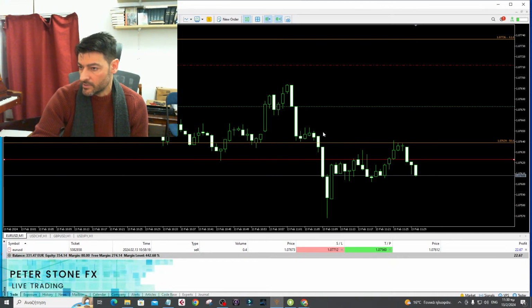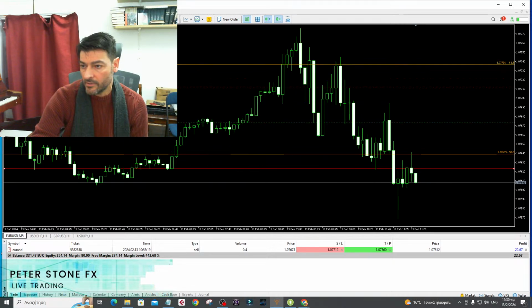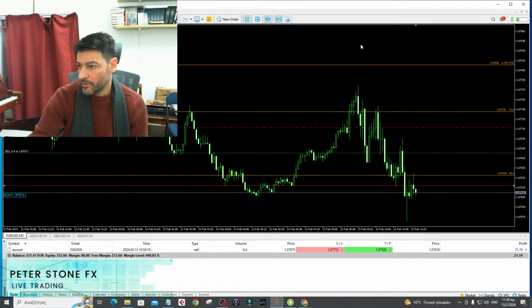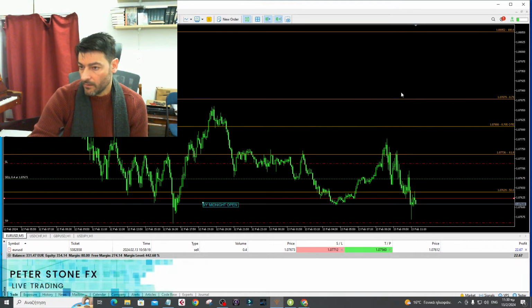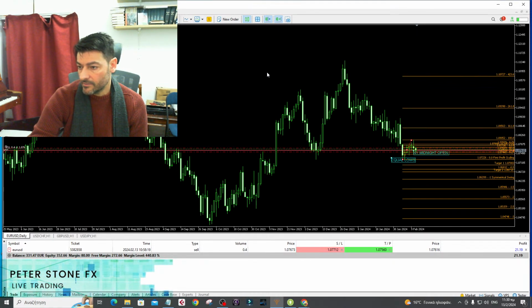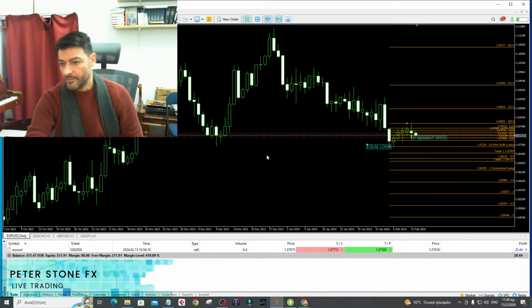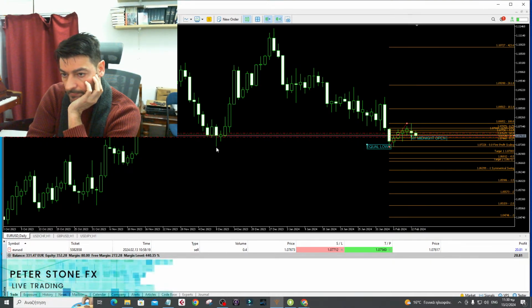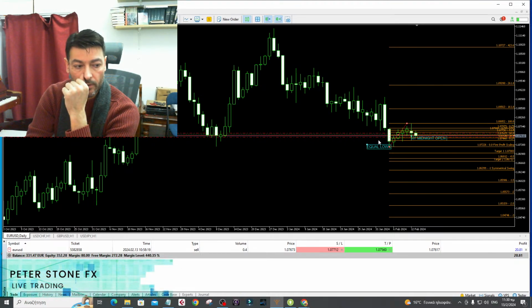But this is true resistance because of the whole narrative. Here we were in the 61.8. Before we were in the optimal trade entry area. And in the higher time frames, we're going down hard. Also, we have a very big target here, because we have two equal lows.